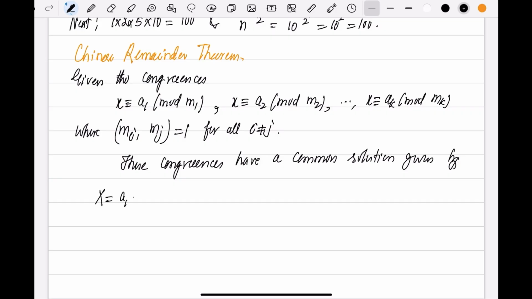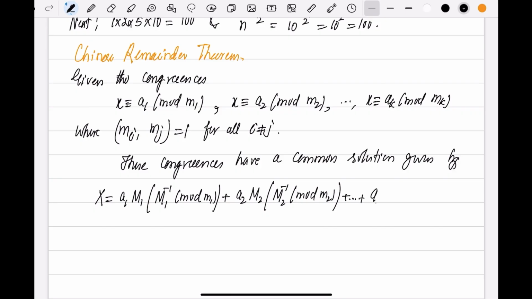x, which is equal to a1 M1 into M1 inverse mod m1, then plus a2 M2 into M2 inverse mod m2, then plus so on, plus ak Mk into Mk inverse mod mk.